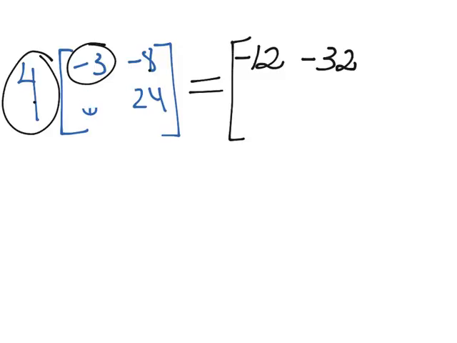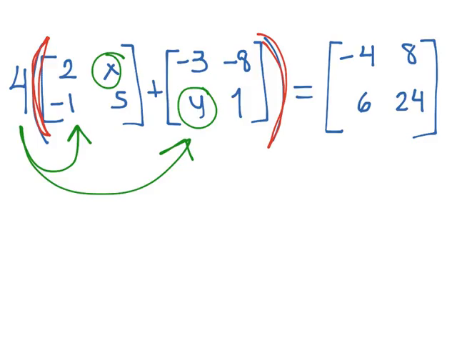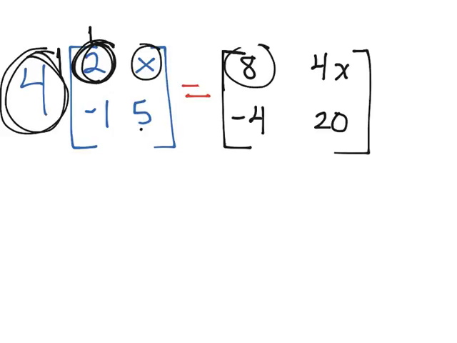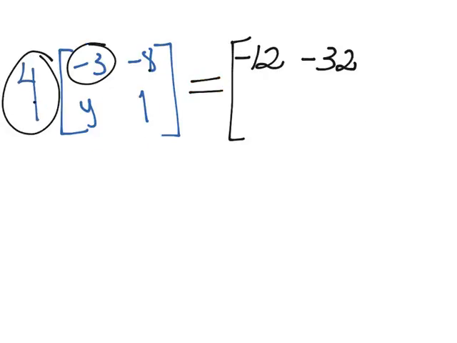Sorry, I just noticed that I copied this wrong, so I will fix it. So if we go back to our equation, we see here that we had y and 1. I messed up the matrices, but the first row is all right. So our second row is 4 times y, 4y. And 4 times 1, 4.